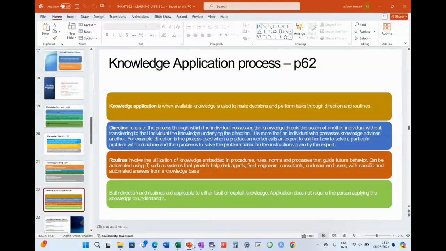Direction, what are they referring to when they say direction? Direction refers to the process through which the individual possessing the knowledge directs the action of another individual without transferring to that individual the knowledge underlying the direction.